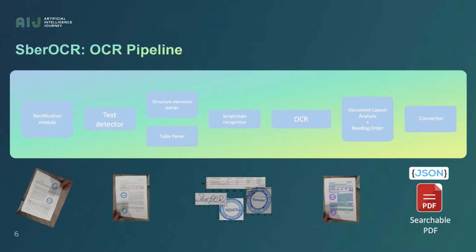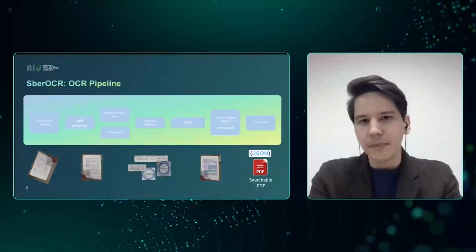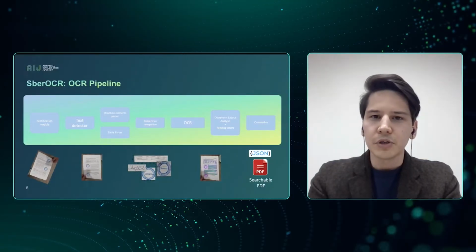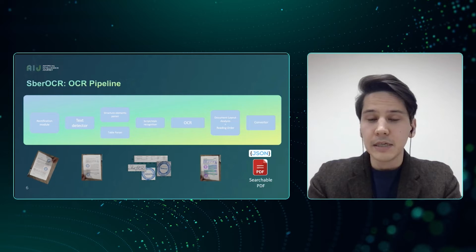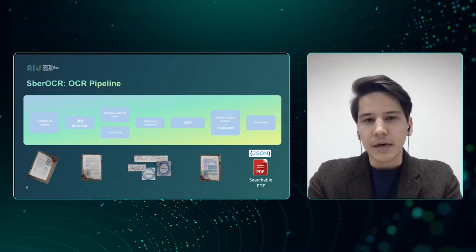There's a separate rectification model for regeneration of the corruption. Then there is text detection. But to analyze document structure correctly, apart from text, you'll also need to find structural elements, such as stamps, signatures, logos, and tables. You also would want to parse tables.